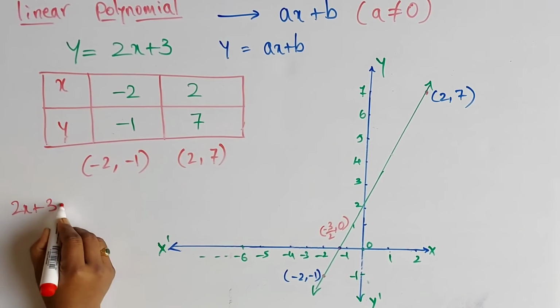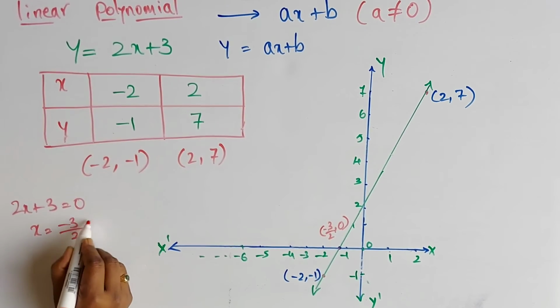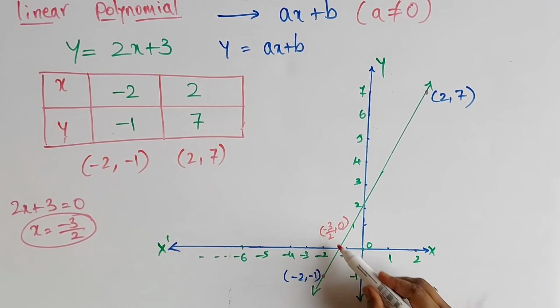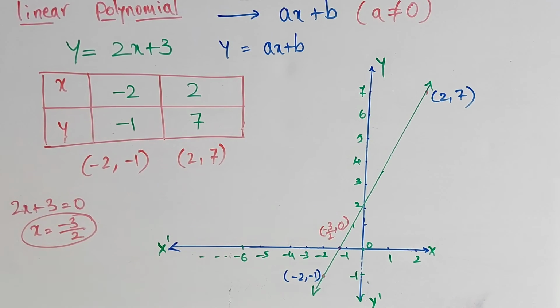Make 2x plus 3 equal to 0. So x equals minus 3 divided by 2. So the x value is minus 3 by 2 here and the y value is 0. This is the zero of the polynomial. Here is the graphical representation of a linear polynomial, children. Right? It only strikes the x-axis at one point. So a linear polynomial has only one zero.